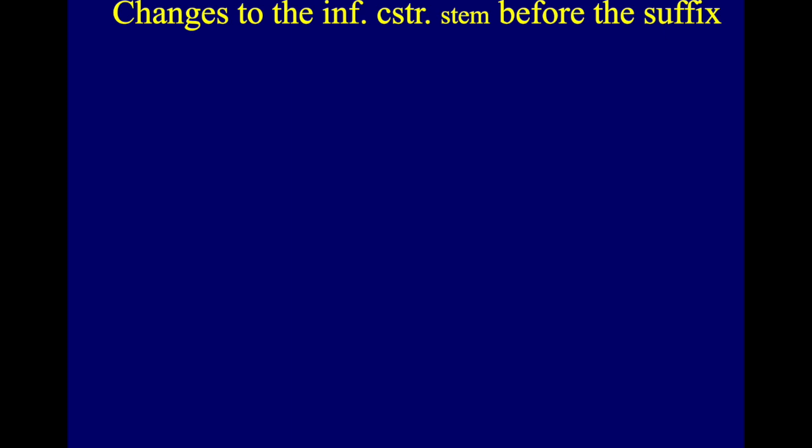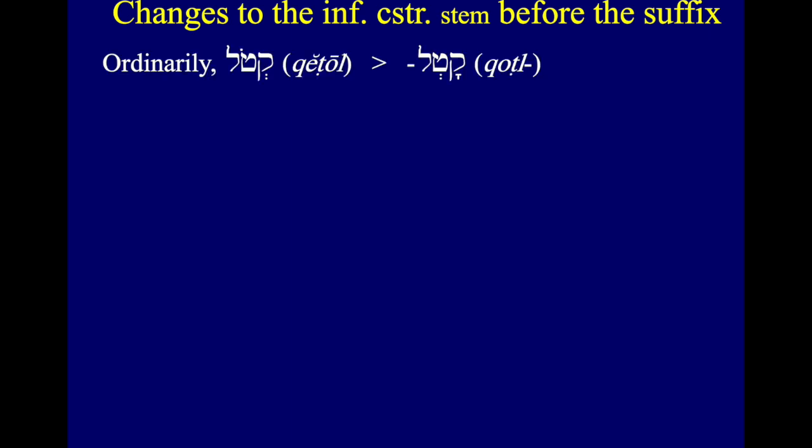So there are changes to the infinitive construct before the suffix. Ordinarily, you have ktol, and then you might add an ending to it, right? So like shamor, you see over here on the left, shamor, right? That's our basic form.